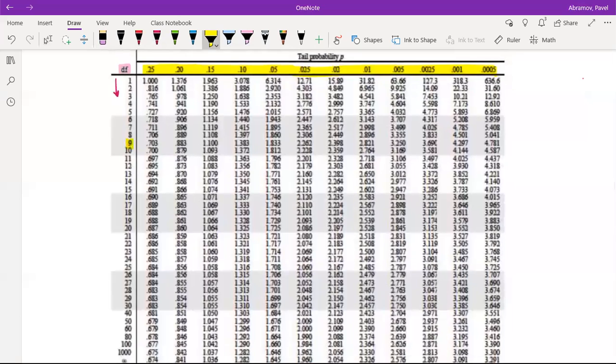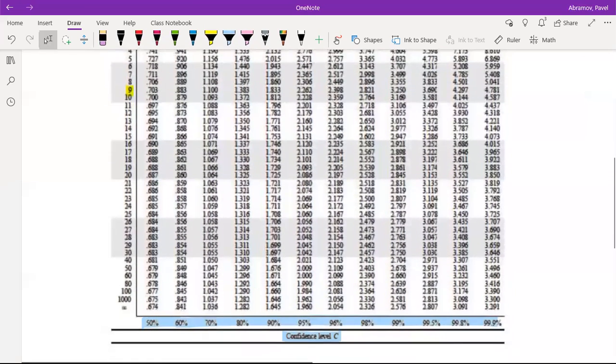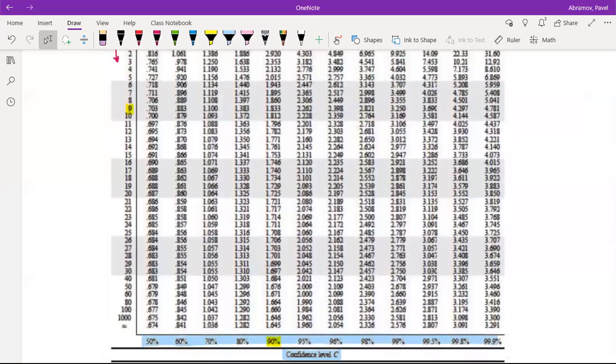We have 9 degrees of freedom, and our confidence interval is 90%. So for the ease of it, we can just find 90% confidence interval at the bottom of the table, and then go all the way up and match those up.